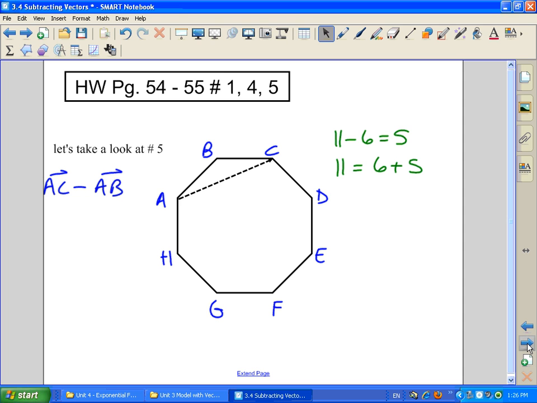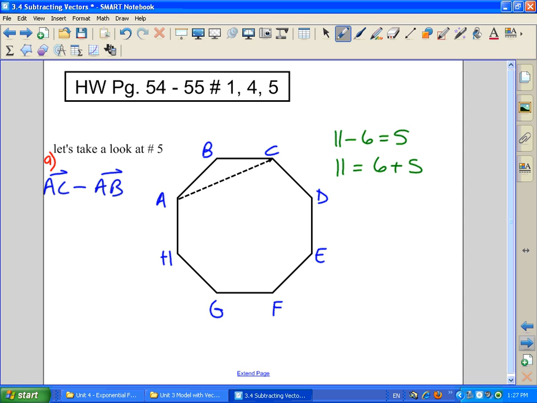Number 5 says ABCDEFGH is a regular octagon. Name a single vector equivalent to each expression. For question A, it asks, what is AC subtract AB?